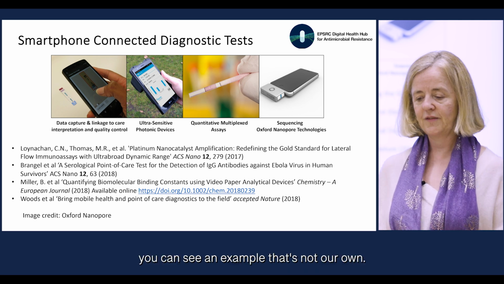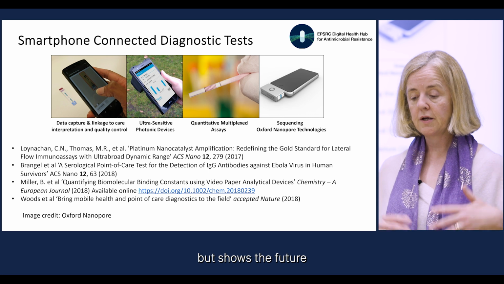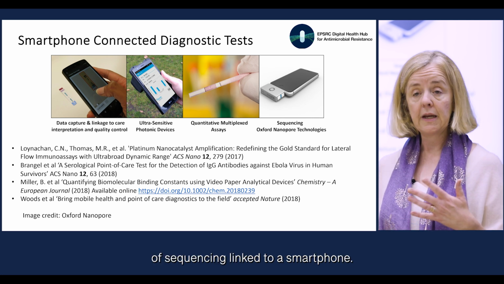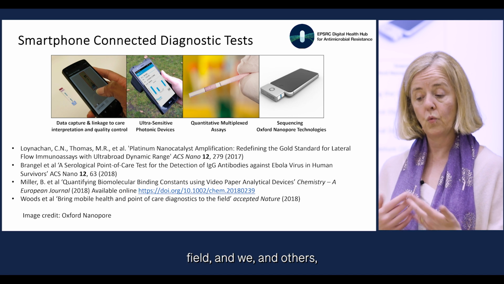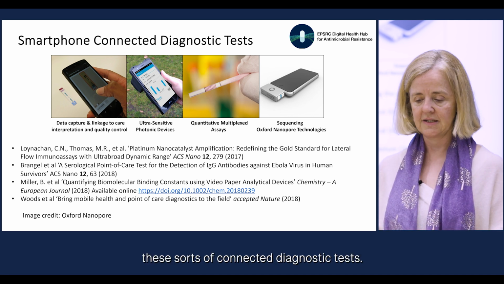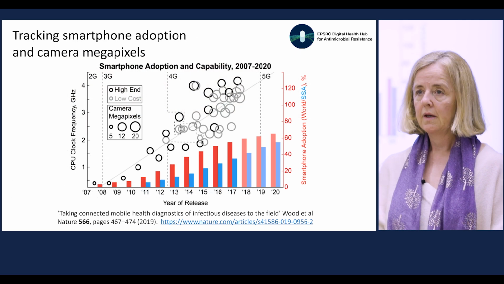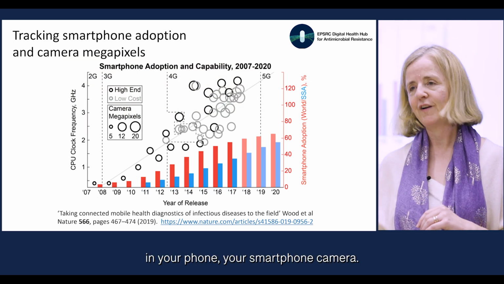And on the right, you can see an example that's not our own. It's from Oxford Nanopore, but shows the future of sequencing linked to a smartphone. So this is a hugely exciting field, and we and others are working to develop these sorts of connected diagnostic tests.